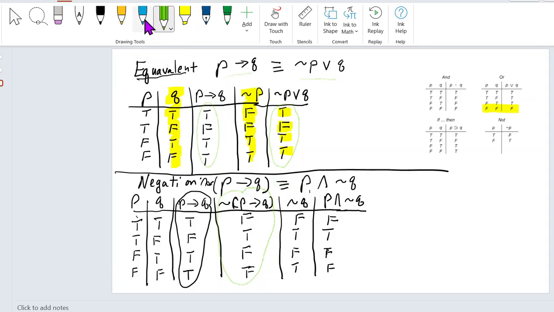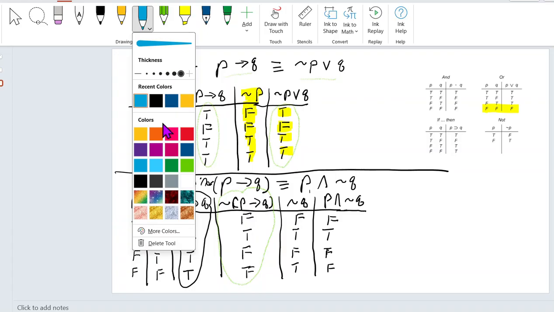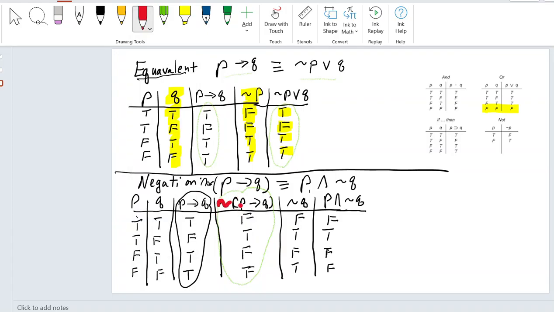So this is, let me make this red, the negation of P and Q. And this is just a straightforward one. So this is the negation of P implies Q. And I claim that P and not Q is the equivalent of that.